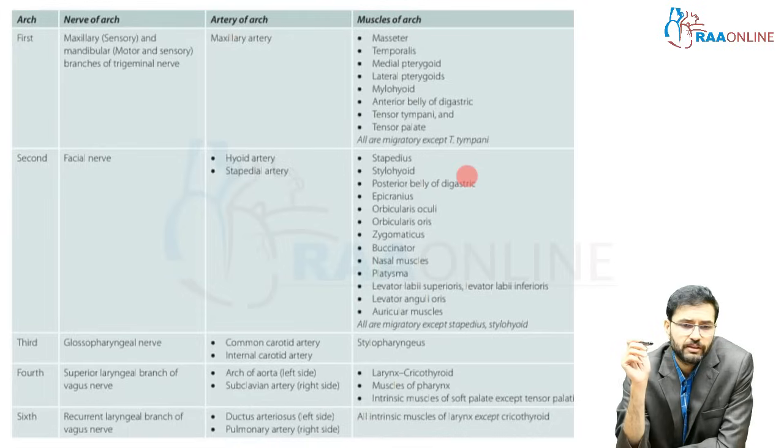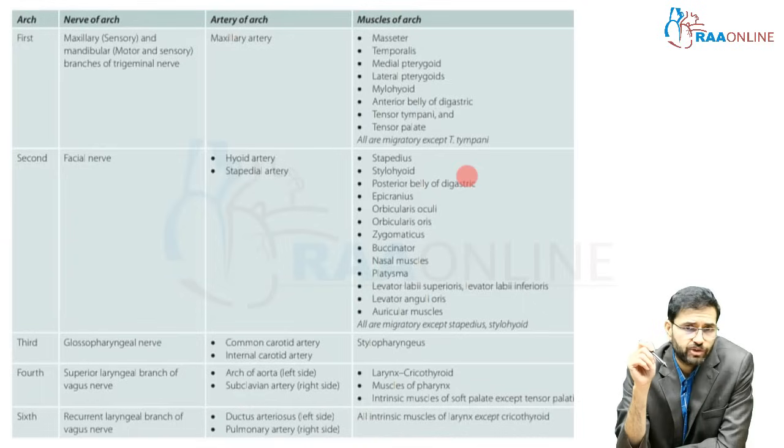The muscles of the fourth arch include the cricothyroid, muscles of the pharynx, intrinsic muscles of the soft palate except for tensor palati. Okay. As we know, tensor palati derives from the first arch. So, except for tensor palati, all the other intrinsic muscles of the soft palate, muscles of the pharynx and the cricothyroid are all derivatives of the fourth pharyngeal arch.